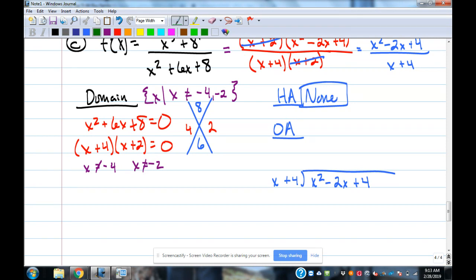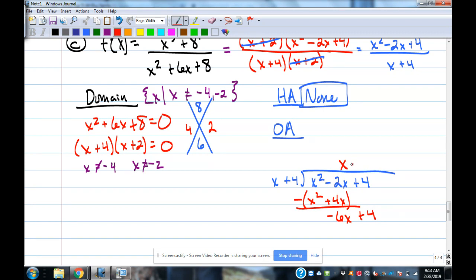Okay. Long division though, what times x gives me x squared? X. So I'll put an x up top, distribute x squared plus 4x and subtract. That'd be negative 6x. Drop the 4 down. What times x gives me negative 6?